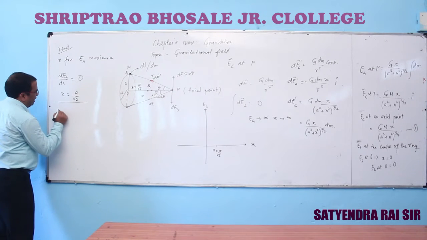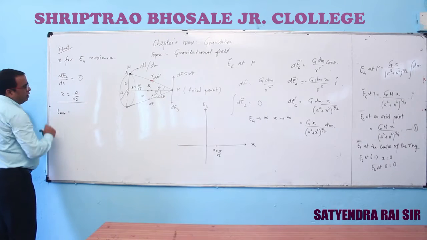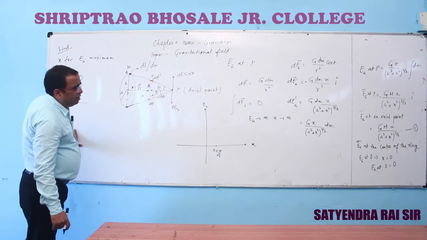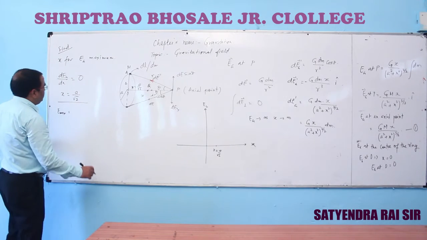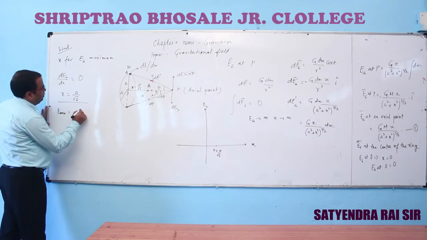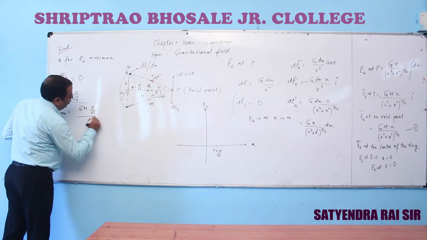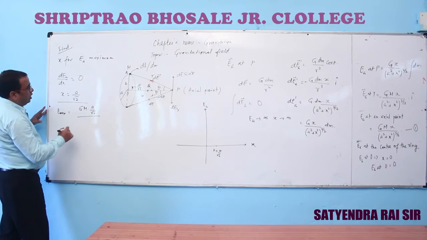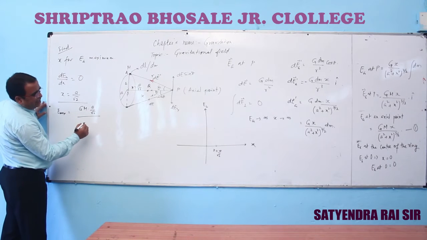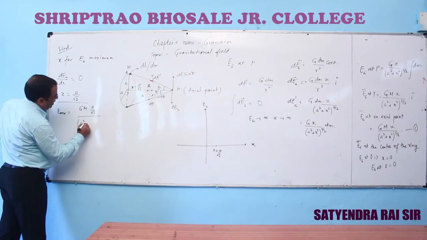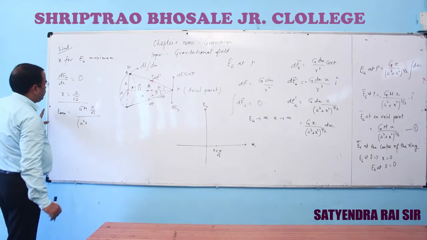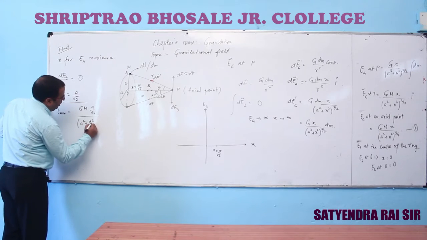The maximum value of the gravitational field will be obtained by putting x equals to a by root 2. So we can put it GM times a by root 2 upon (a square plus x square) to the power 3 by 2, where x square means a square by 2.